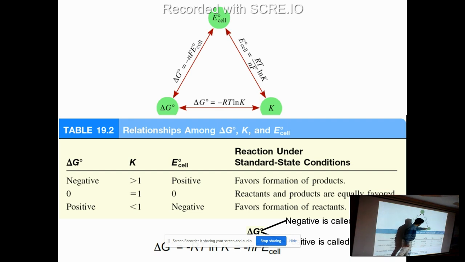Now see, these are all interconnected terms. If you remember delta G, and then what is E, and then what is the equilibrium constant K. They are interdependent terms. If you just know delta G and E, you can calculate K. Or if you know K and delta G, you can calculate E.